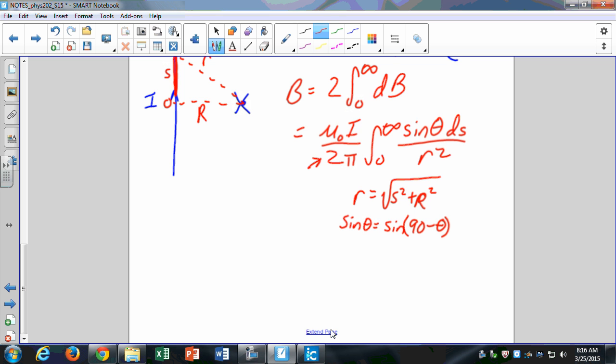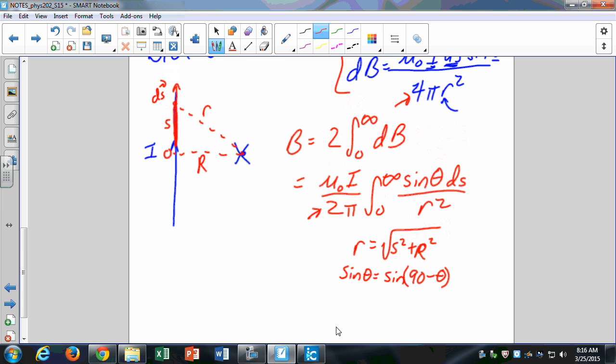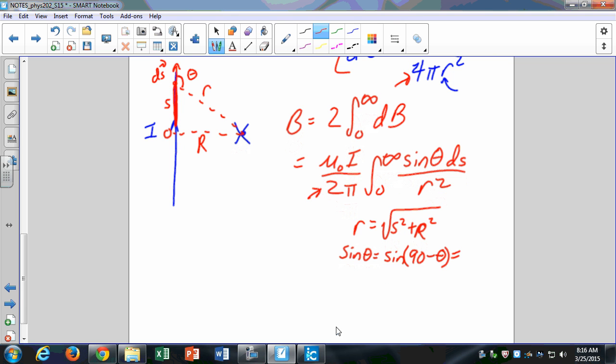That's a trig identity. You might see it as sine of pi minus theta. Notice my angle theta, by the way, is this angle. So these two are equal, and that's equal to R over the square root of s squared plus R squared.